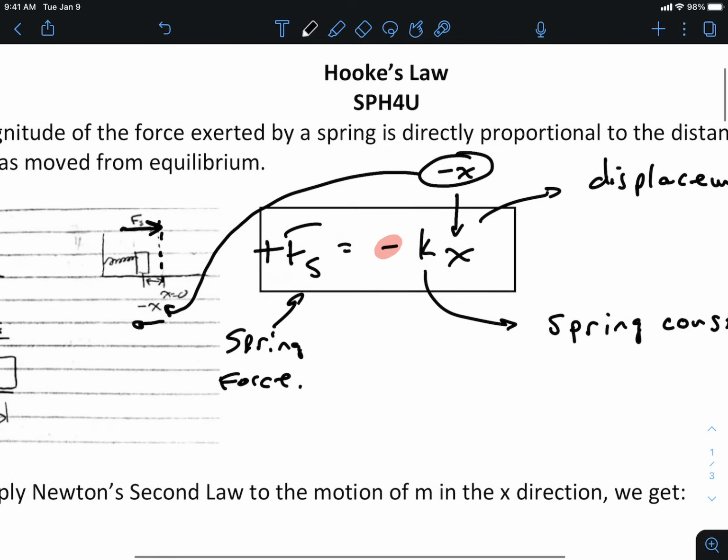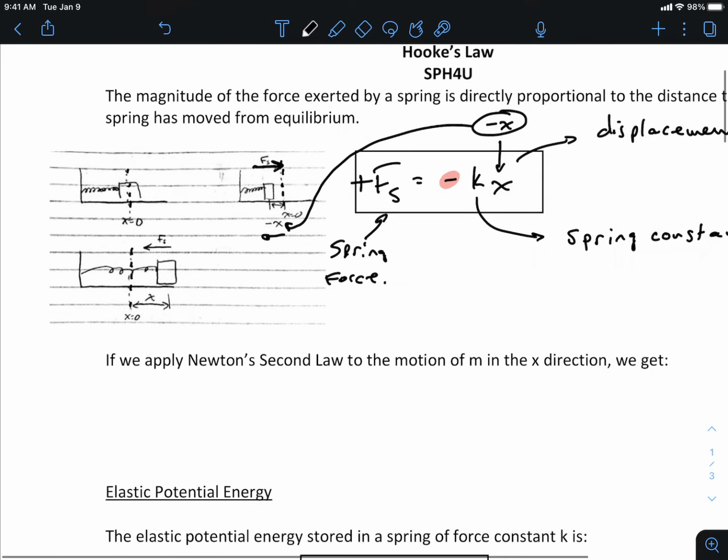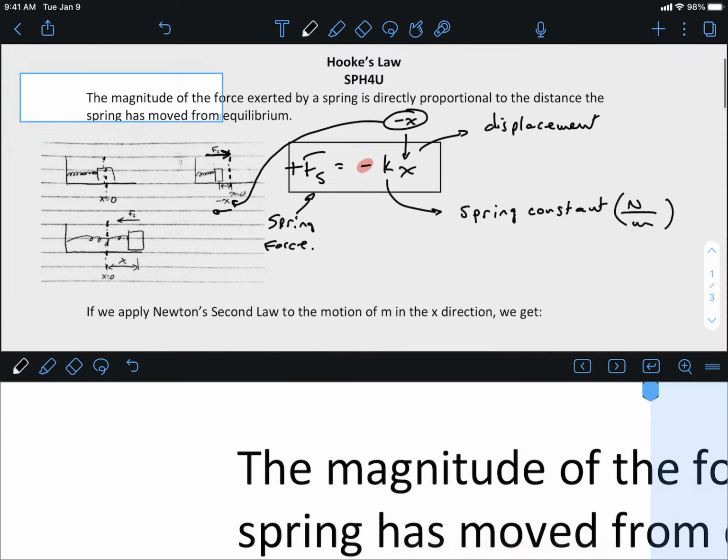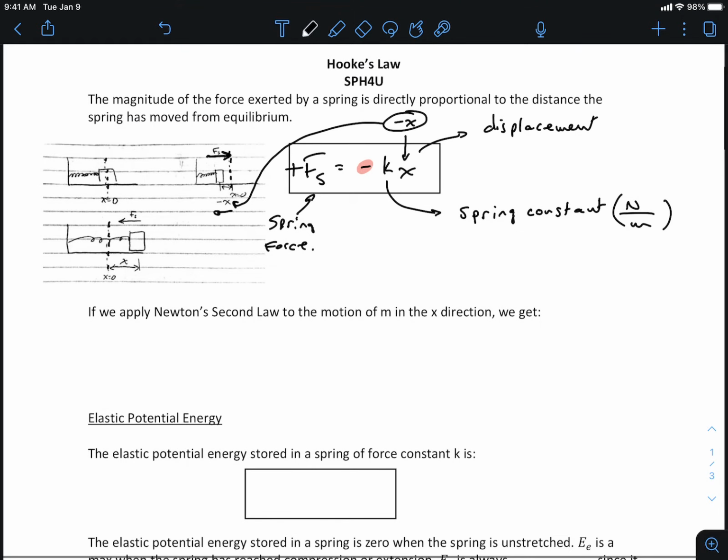Okay, so that's the equation that you can use for a spring force. And if you would like to, we could add springs into all of the force questions that we've done, where force is equal to ma. You guys know that, and if I just put a little s on there, I'm going to get negative kx is equal to ma.